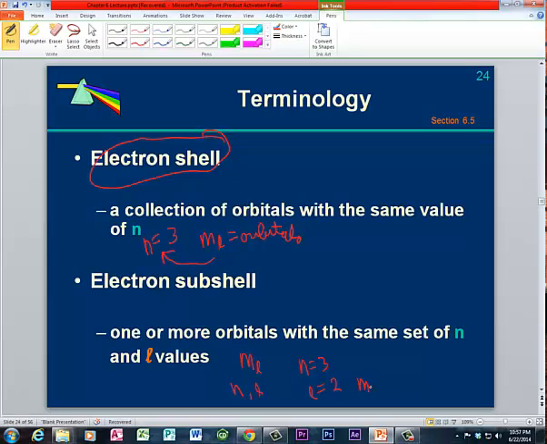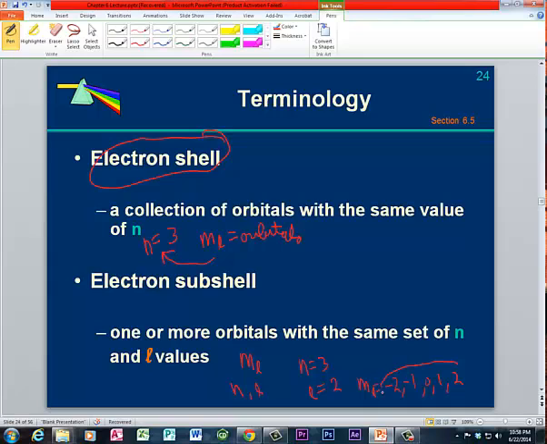The m sub l values in the subshell n equals 3 and l equals 2 would be -2, -1, 0, +1, and +2.